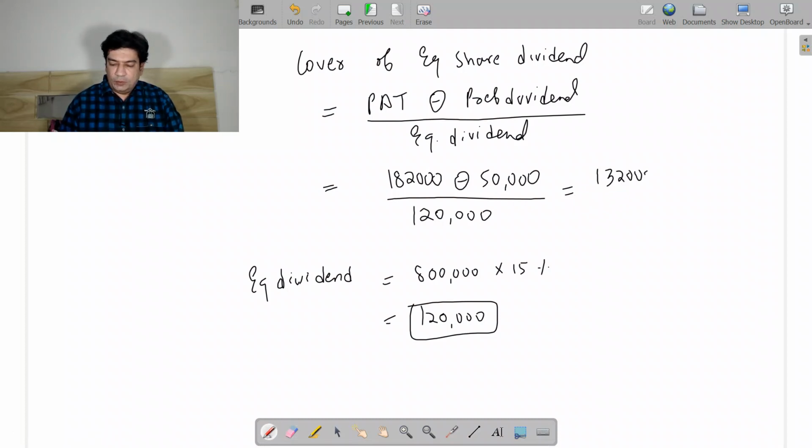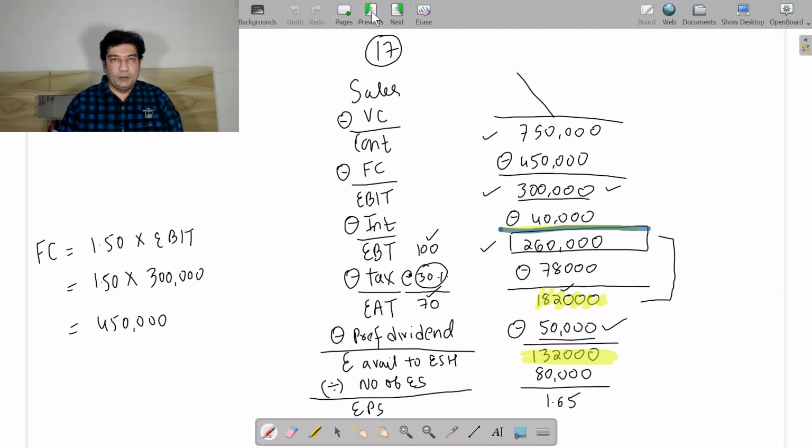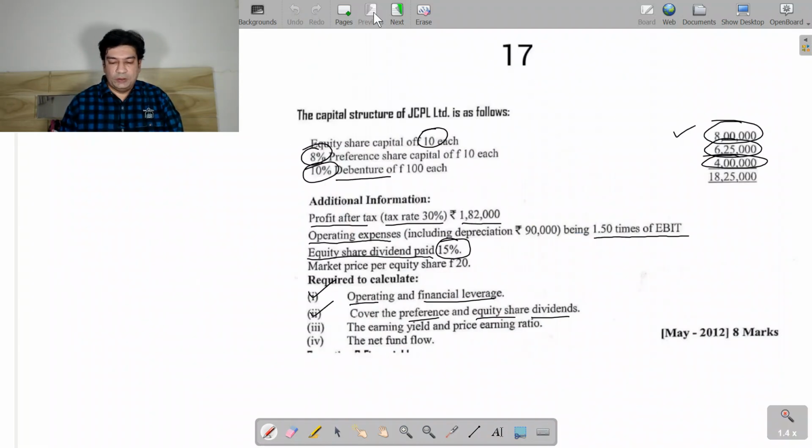And this you have to divide by 1,20,000. So I'm getting 1.1 as my cover. Since your cover is greater than 1, it is a good thing that you have sufficient cover. You have sufficient earnings to pay your preference dividend as well as your equity dividend.